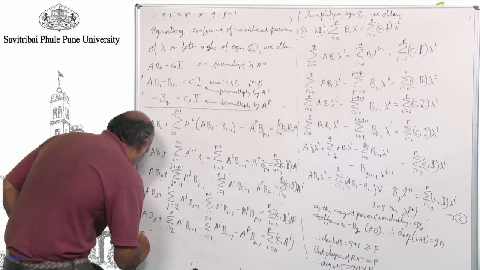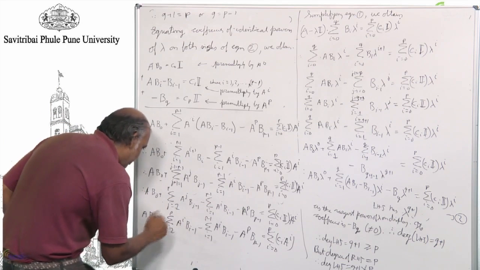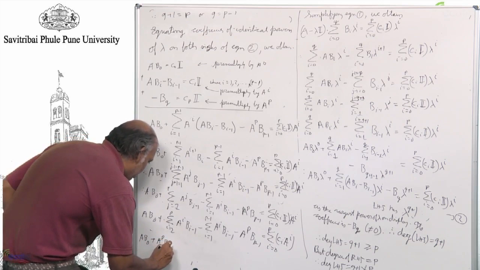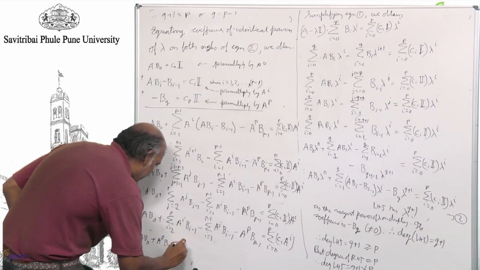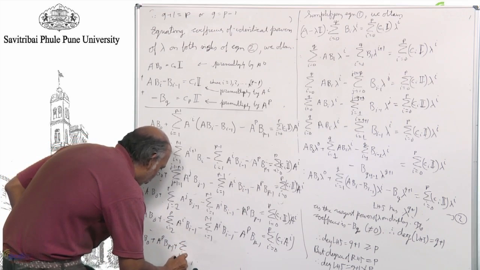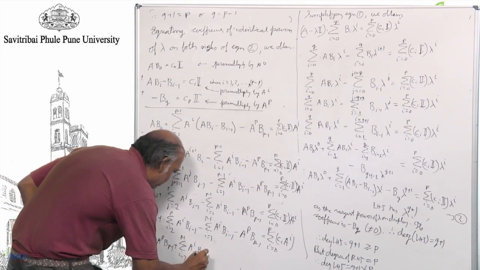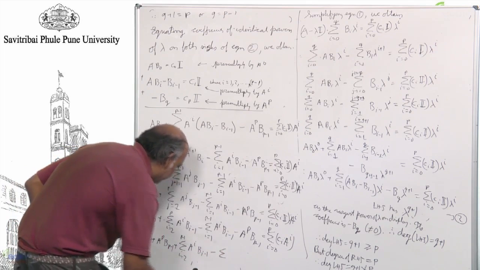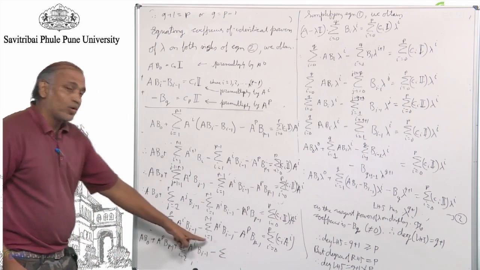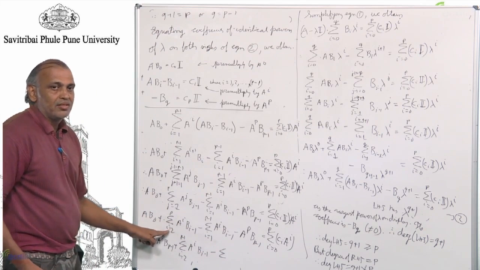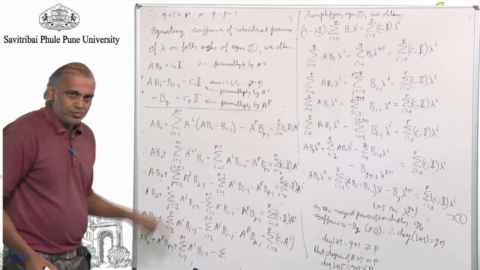So you have A B0 and plus A to the power P B_{P-1} and plus sigma over I equal to 2 to P minus 1 of A to the power I B_{I-1} minus sigma. And now this I is 1, I need to check out this lower thing. I wanted to start the summation from the bigger of the two lower limits to the smaller of the two upper limits.